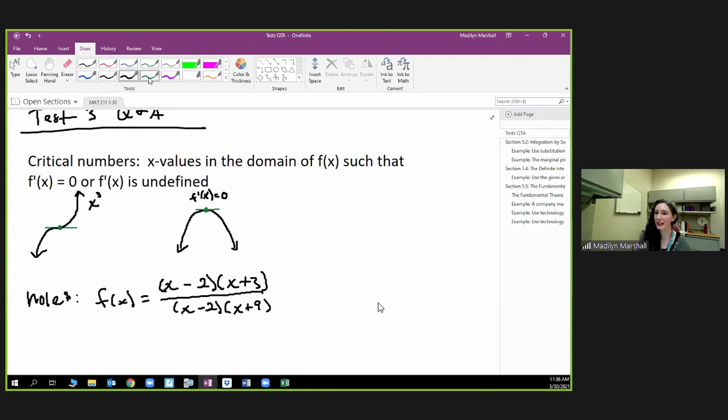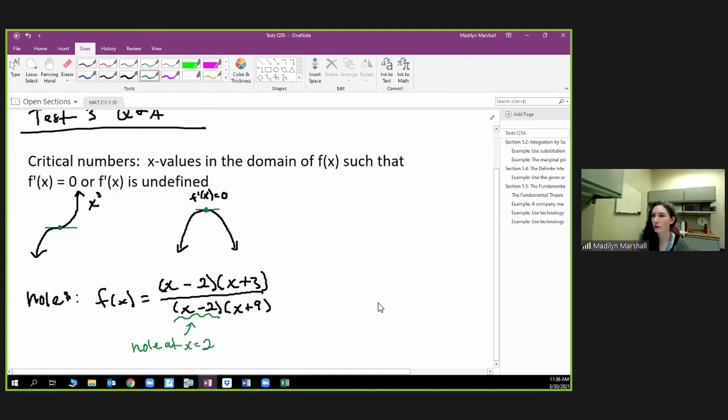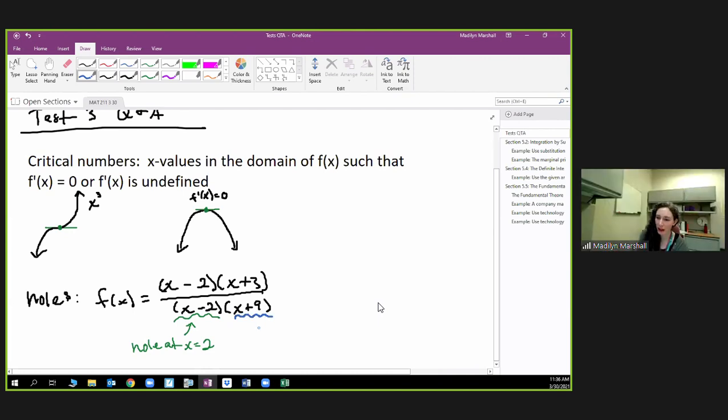If we had something like this, since x minus 2 is a factor on both the top and the bottom, there would be a hole at 2. But since the x plus 9 factor would not cancel, this is going to be an asymptote at -9.